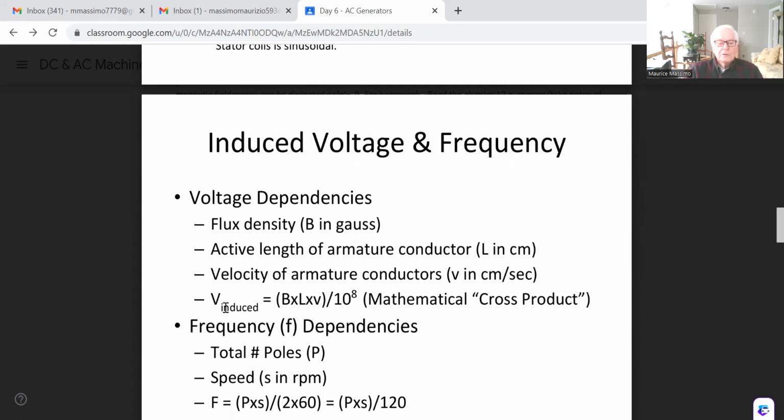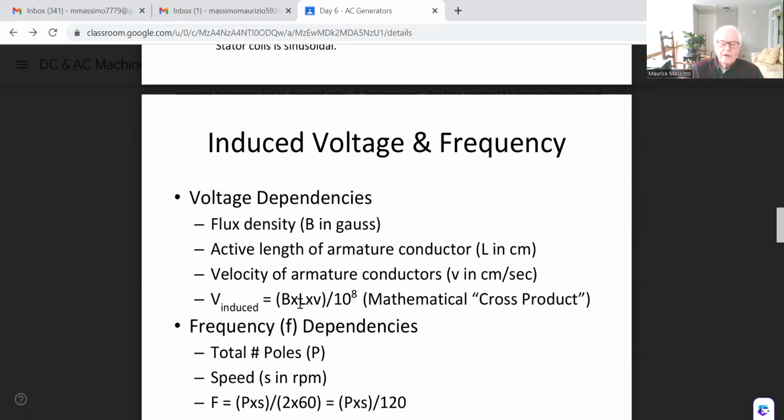To figure out how much voltage is induced, we use the vector cross product, because the voltage that comes out has a polarity, so it has a direction, so it's a vector.